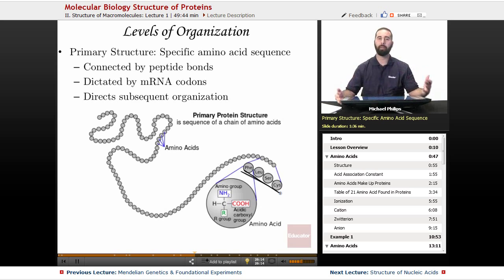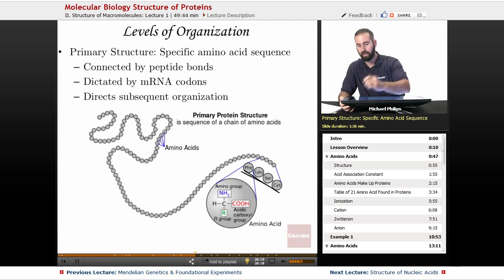And if we remember back to the previous lesson, we know the molecular biology central dogma. So it's DNA to RNA, and this is via transcription.